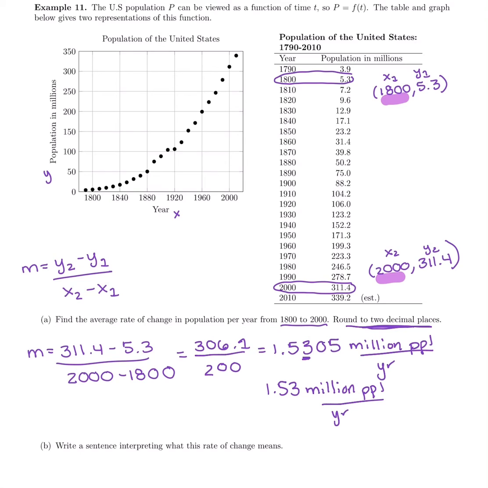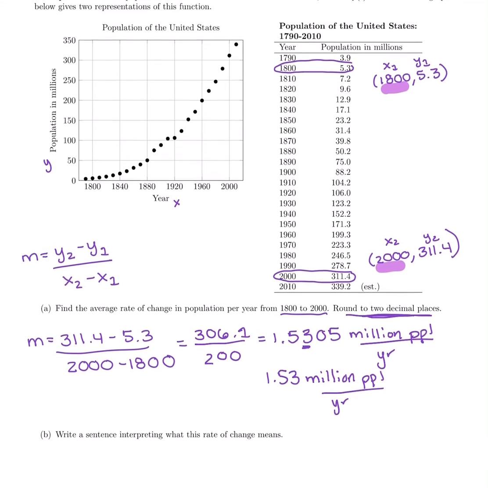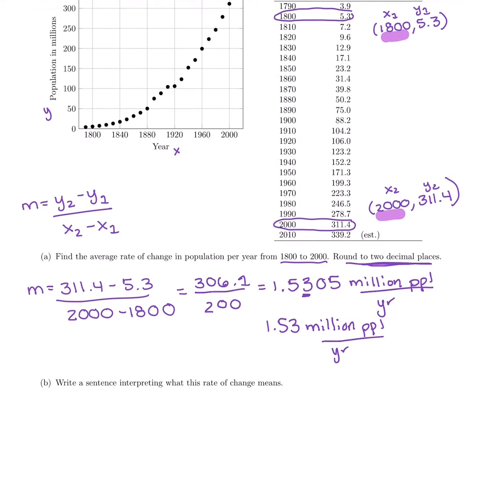And now we're going to write our sentence interpreting this. So first of all, we need to state that this is on average. This is not every single year that this is the exact rate of change. This is on average. The population, what was it doing? Was it increasing or decreasing based upon our answer?